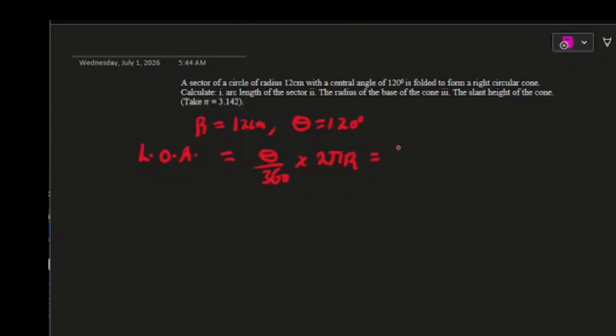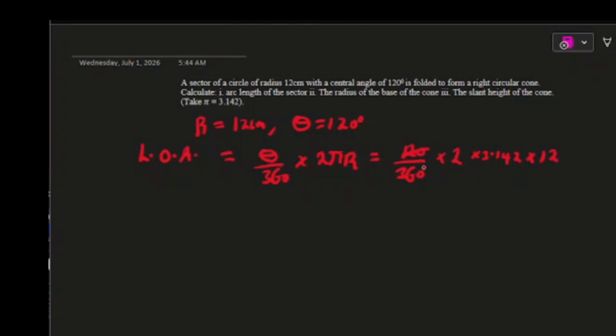So this one will give us theta is 120 over 360 times 2 times pi, which is 3.142, times 12.